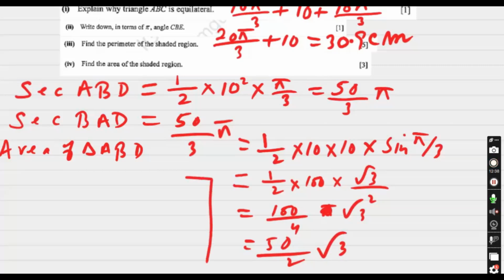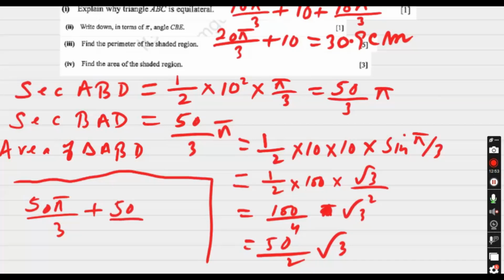So our final answer is: area of sector ABD is 50 pi by 3, area of sector BAD is also 50 pi by 3, minus the area of the triangle, 25 root 3.